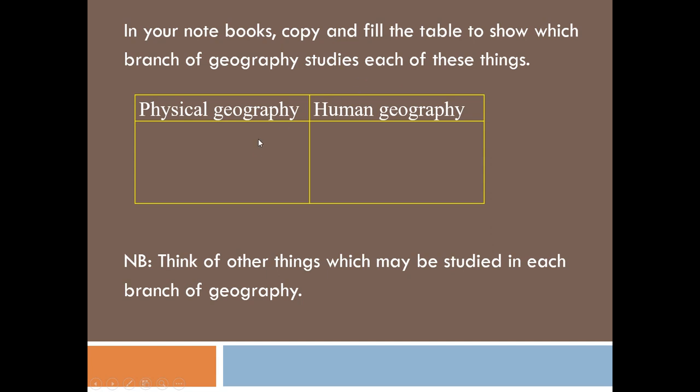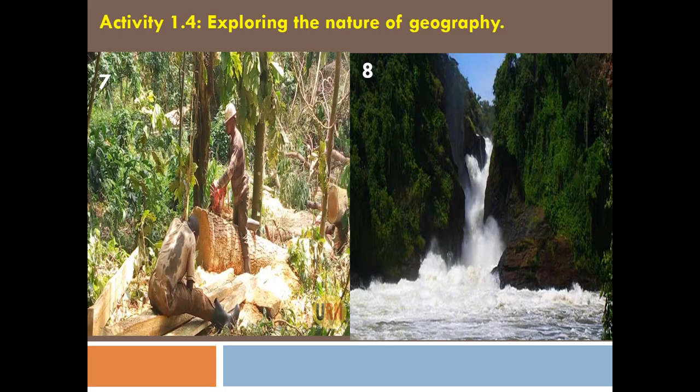So copy this table in your notebook and identify from the photographs what we can study under physical geography. Then what can we study under human geography? For example, as I said, from photograph 7, what can we study? Which observations do we make? Which activity is this?